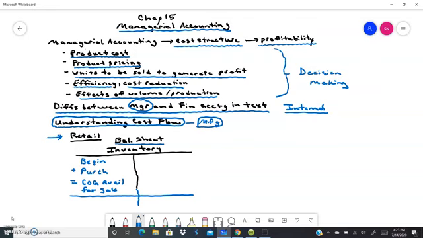Now, if you think about it, of the total costs available for sale, they're either going to still be in inventory, which means they would then be in the ending inventory, or if they're no longer in ending inventory, that means they're being transferred out as cost of goods sold, and they're going to the income statement.